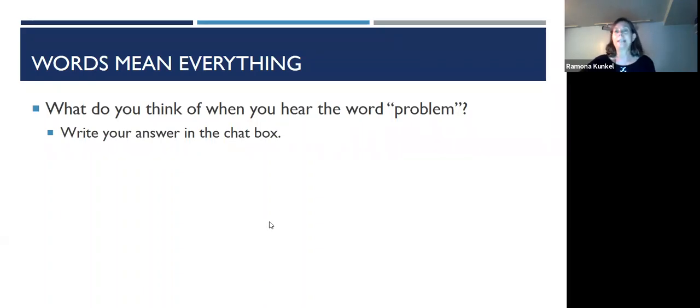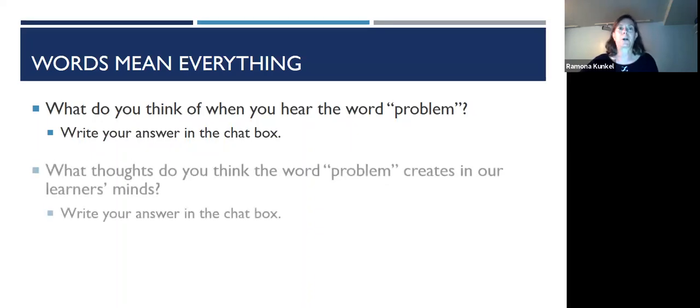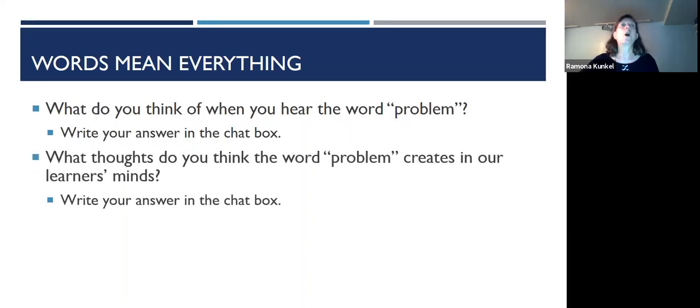Okay, great answers. So I'm going to give you the Oxford Dictionary definition. Oh, I'm sorry. Next question was, what thoughts do you think the word problem creates in our learner's mind? So probably the same thing as what you already put in your chat box.